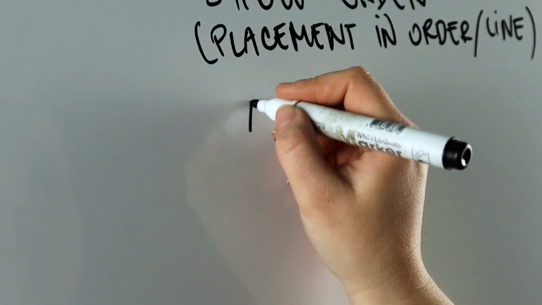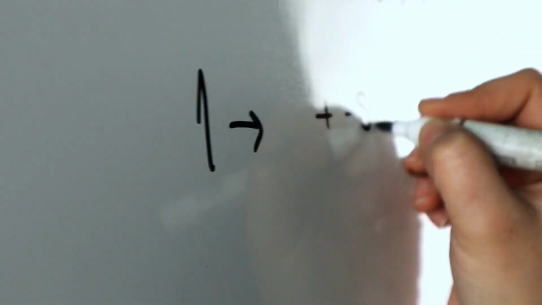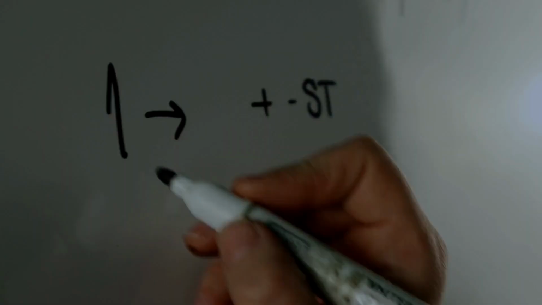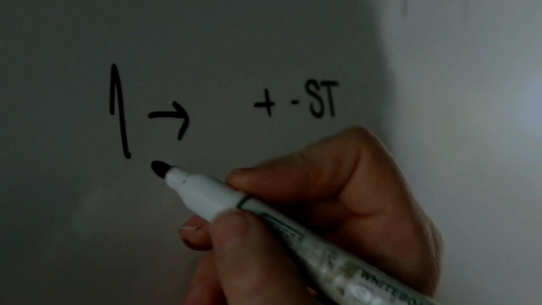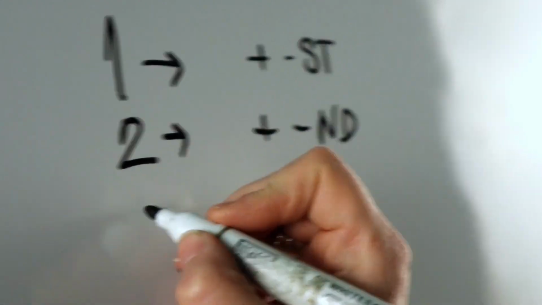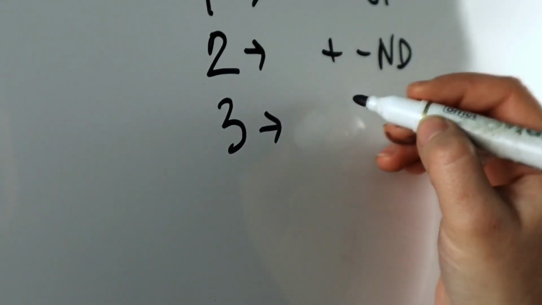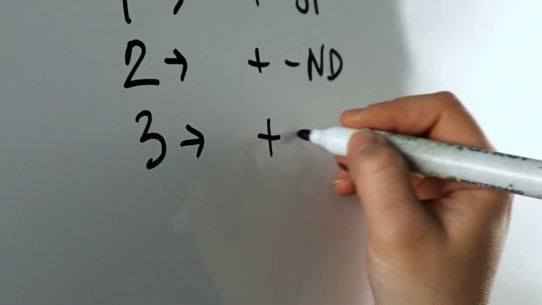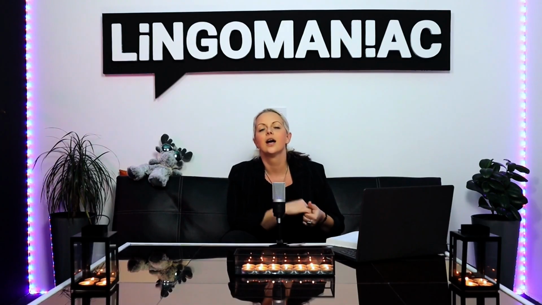For number 1, we add the suffix st, and therefore we have the number first, which is also a change of the base and a change of the suffix. For number 2, we add the suffix nd, and the ordinal number is second. And for number 3, we add the suffix rd, with the change of base, of course.